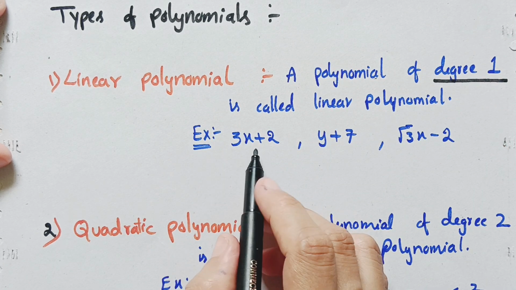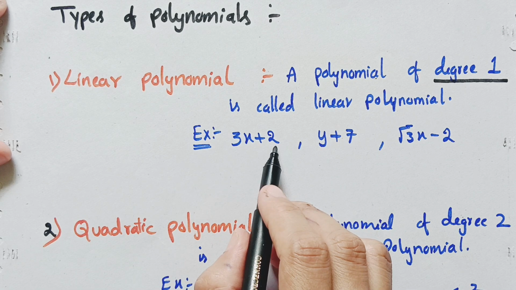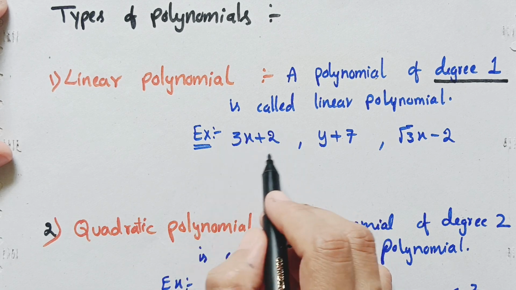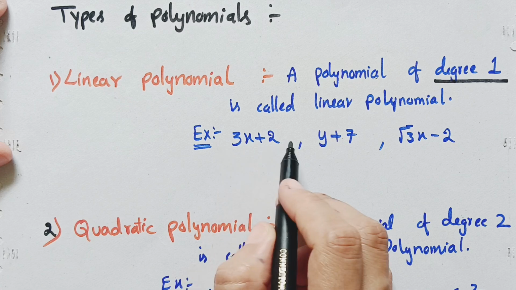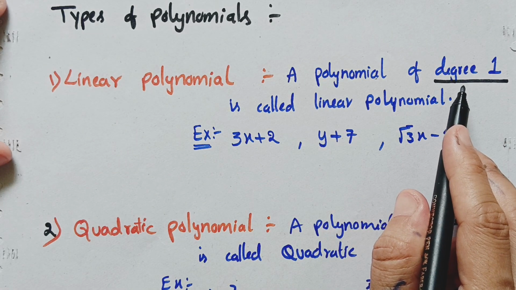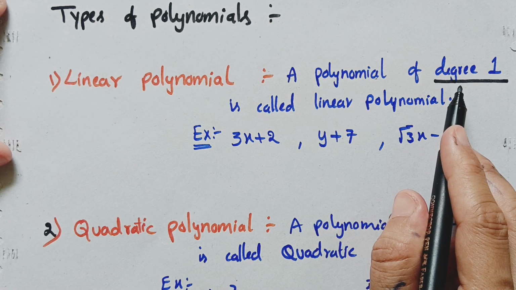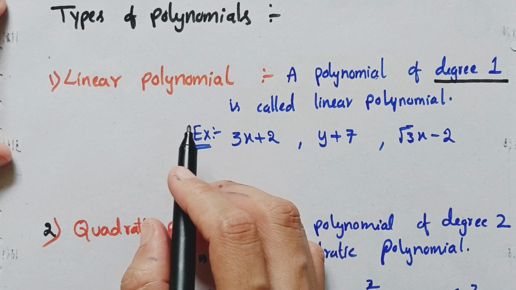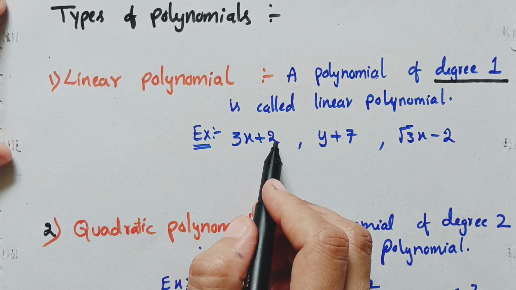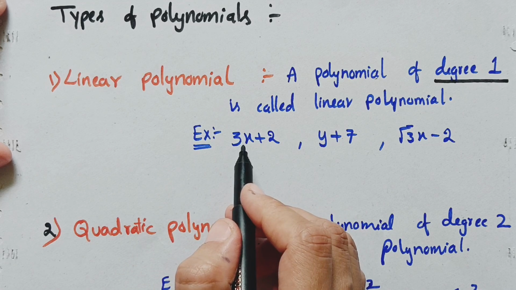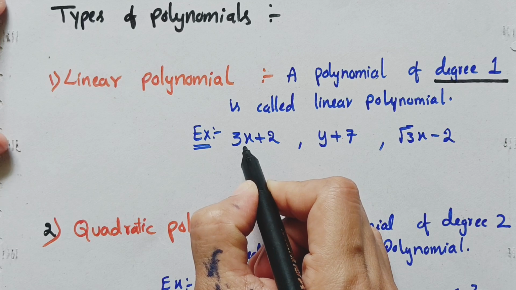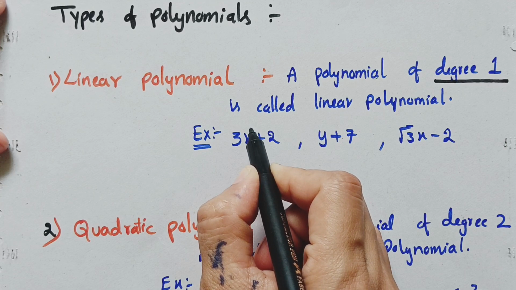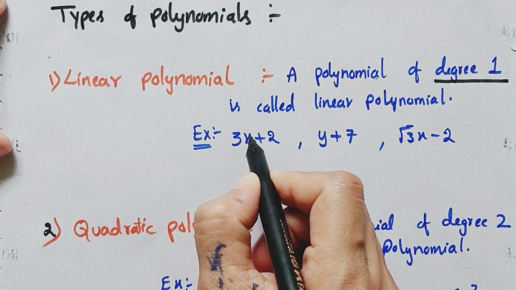Let us see the example. So 3x plus 2. So 3x plus 2 is a polynomial. So what is the degree? What I told you, the definition of degree. Degree means the highest power of the variables of all terms. Here two terms are there, but in these two terms we have x in only one term, and here power of this x is 1.